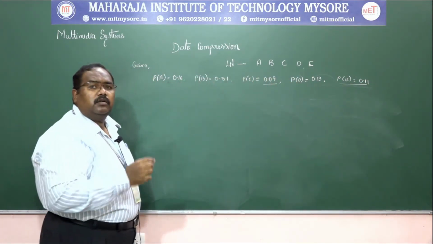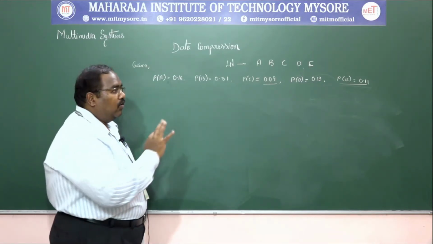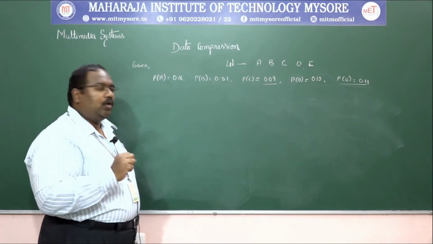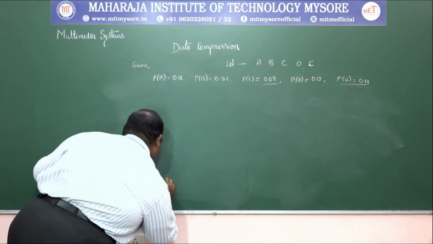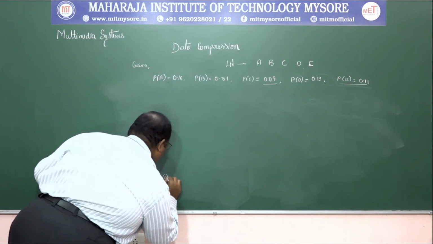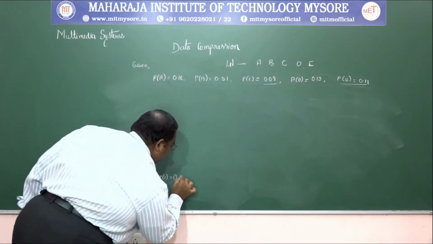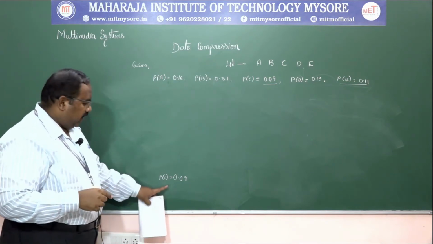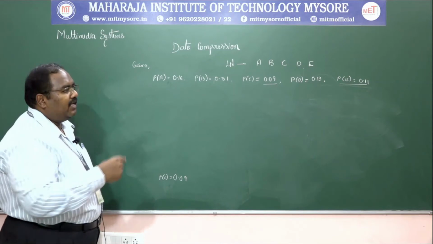Okay. Now let us look into the algorithm. Step 2. We have found two values. We need to combine them. So how do we combine them? We will write it with a diagram here itself. That is, probability of C is equal to 0.09. So you might be asking, sir, why are you writing probability of C on the left side and probability of E on the right side?